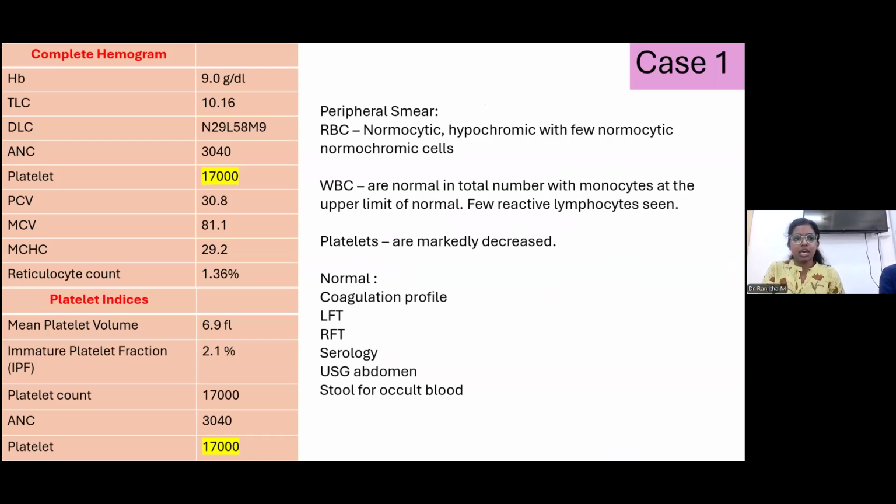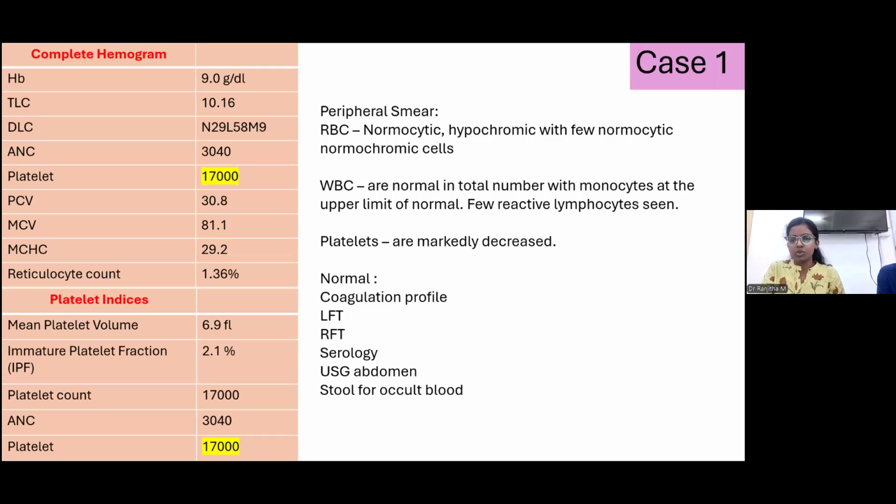His complete hemogram showed a hemoglobin of 9 gram, with total counts and differential counts being normal, and an ANC of 3040. The platelet fraction was 2.1% and the mean platelet volume was slightly on the lower side at 6.9 femtoliter. A peripheral smear was requested, which showed normal morphology of RBCs and WBCs, and platelets were markedly decreased.